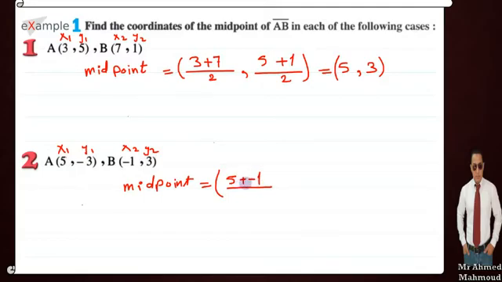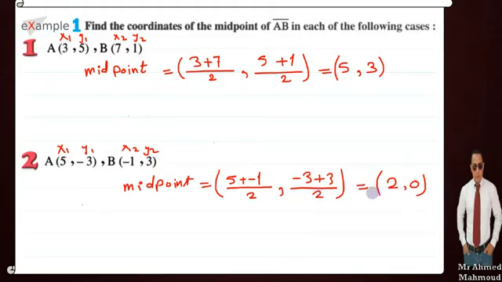I will not write positive negative because positive negative is negative. I will write minus 1 directly, over 2, and negative 3 plus 3, or y1 plus y2 over 2. It will be 5 minus 1 equals 4 over 2, 2. Negative 3 plus 3, 0 over 2 equals 0. Then the coordinates of the midpoint is (2, 0).